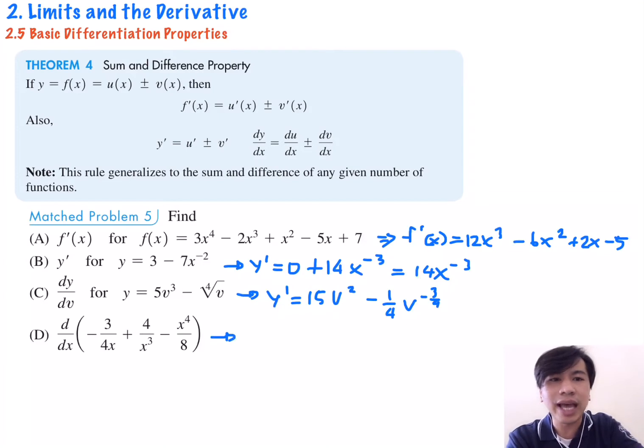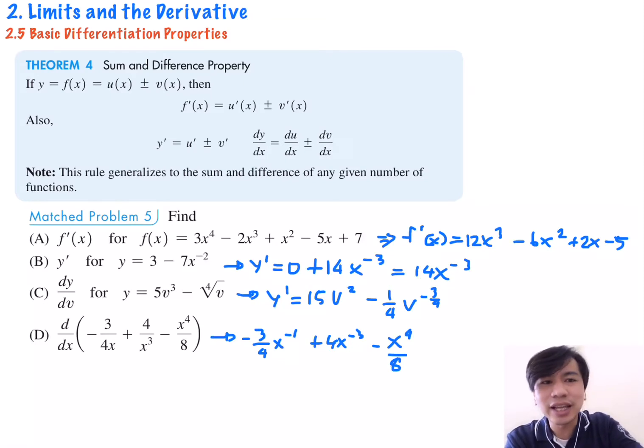So we'll get the answer for the derivative, look one by one, I'll just put it this way: negative 3 over 4 x to the power of negative 1, plus 4 x to the power of negative 3, minus x to the power of 4 over 8.